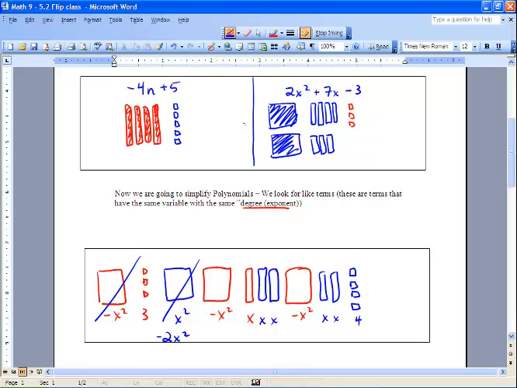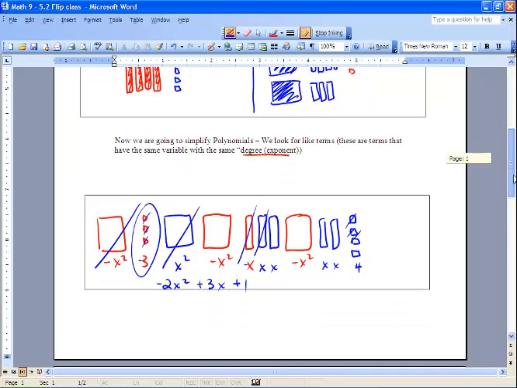And then we're going to go over to our x's, and we've got a negative x here and a positive x, so those can cancel out. And we're just left with 3x's plus 3x. And then we go over here and we do our 1s, so we've got negative 3, and we've got positive 4, so we're going to end up with 1 as a regular number.